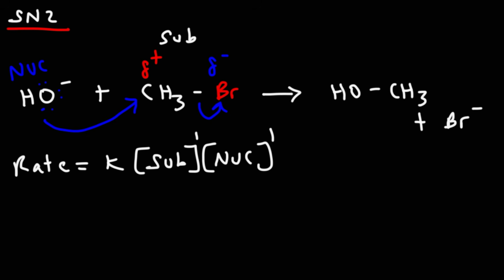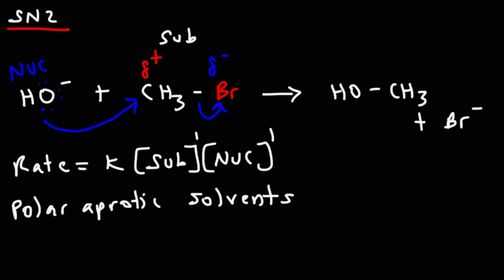Now the SN2 reaction works very well with polar aprotic solvents. Polar aprotic solvents are those that don't have hydrogen bonds like OH or NH groups. So a good example of a polar aprotic solvent is acetone.